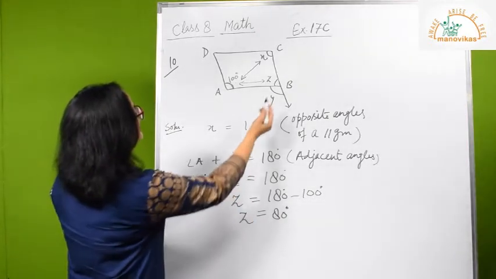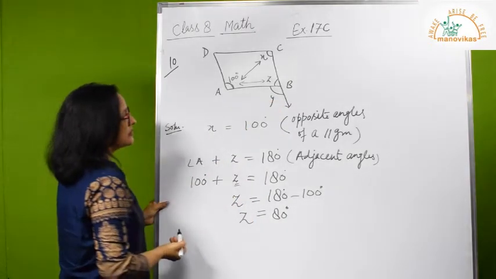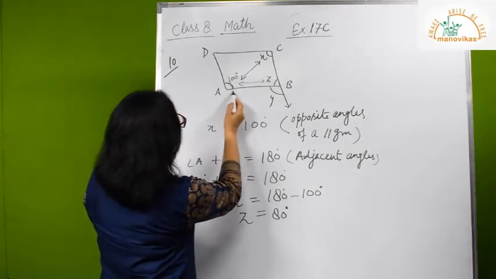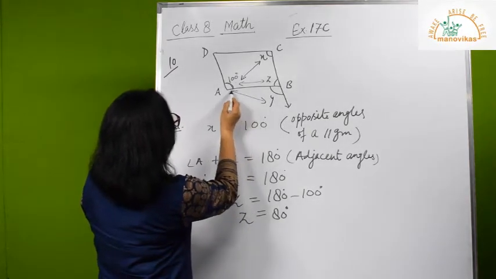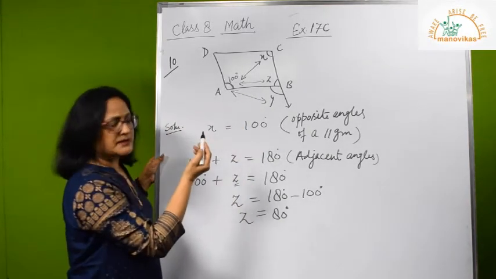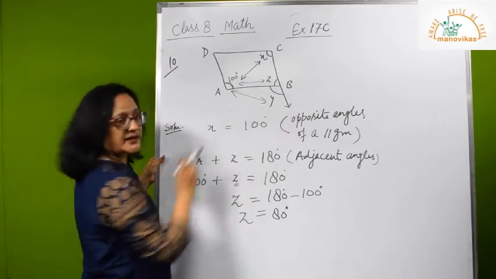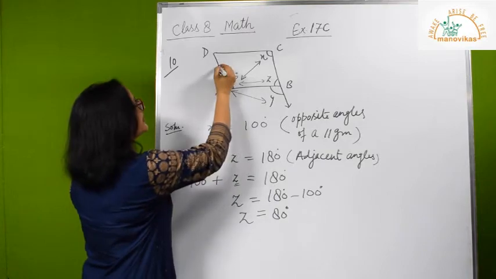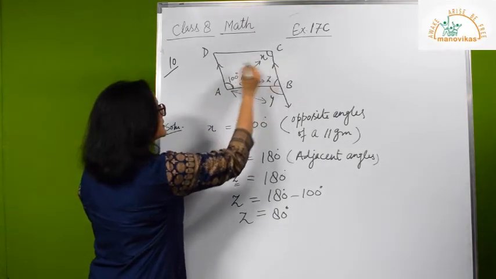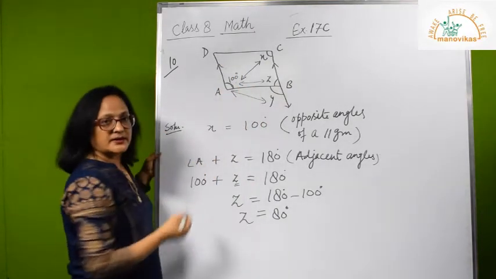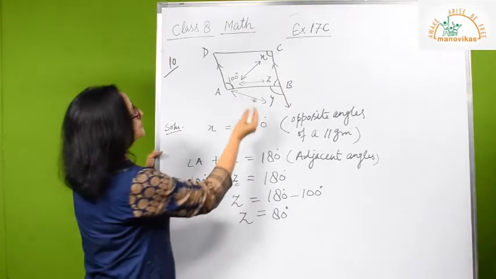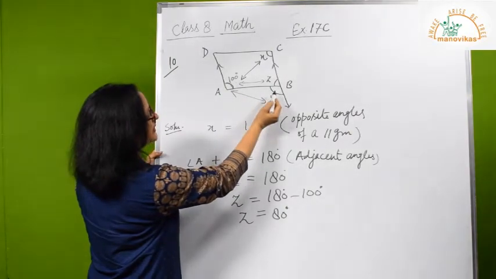Okay. Now you have to find Y. So just see the connection of this Y. Anyways, this Y can be found by any method. Like this and this, A and Y, they are alternate interior angles. Why alternate interior? Because this is a parallelogram, so AD and BC are parallel lines. So with parallel lines, this will be alternate interior.